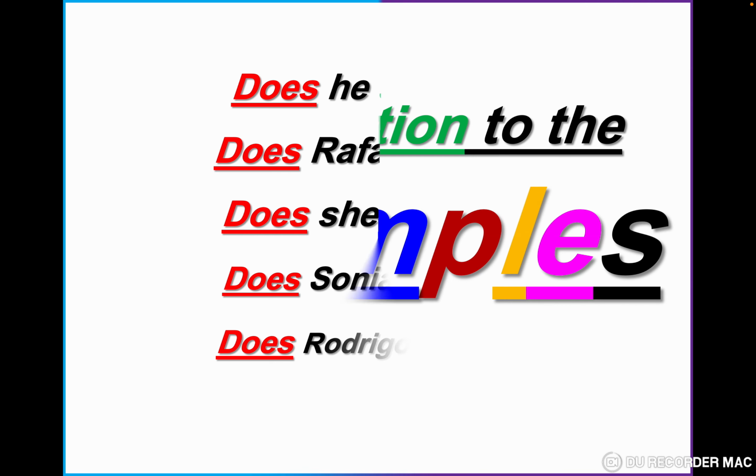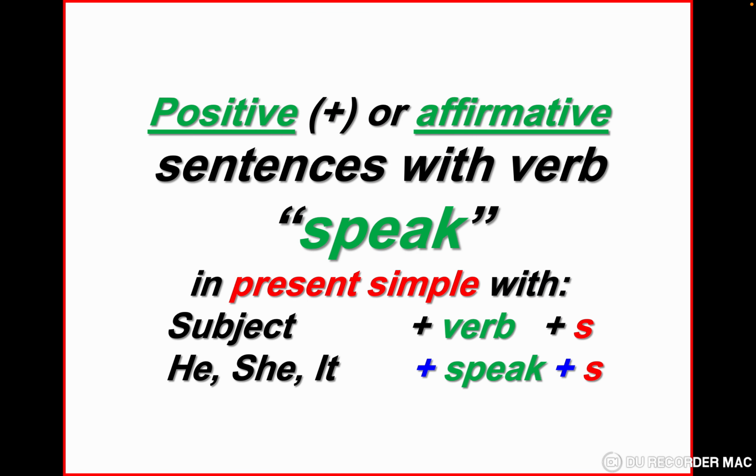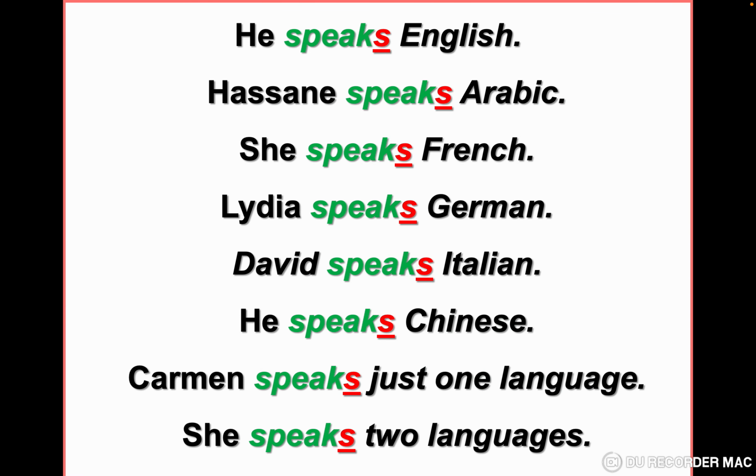Let's continue. Pay attention to the examples. The affirmative form, positive form. He speaks English. Hassane speaks Arabic. She speaks French. Lydia speaks German. David speaks Italian. He speaks Chinese. Carmen speaks just one language.